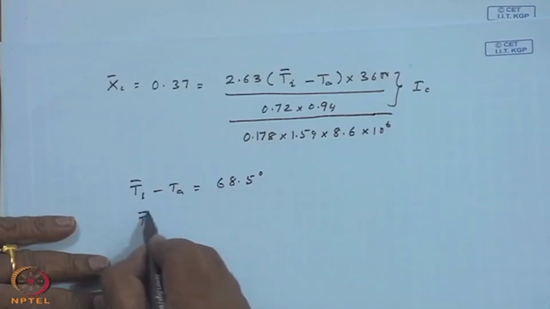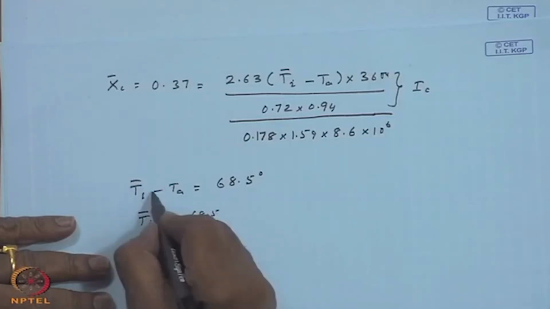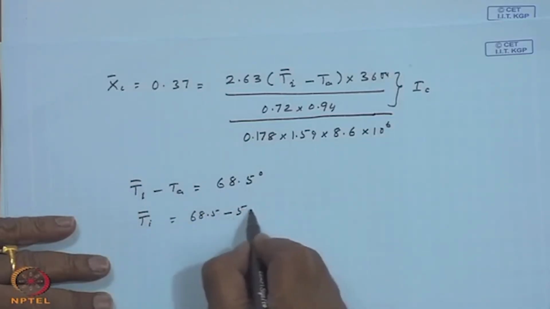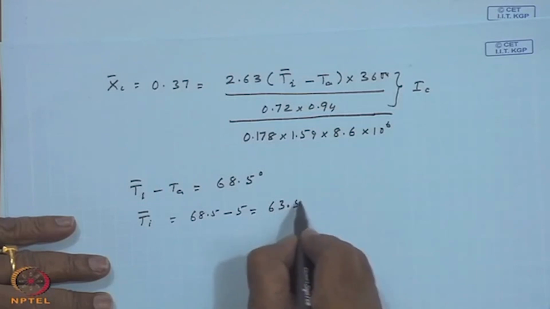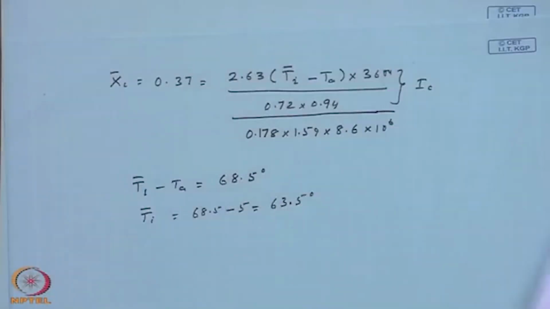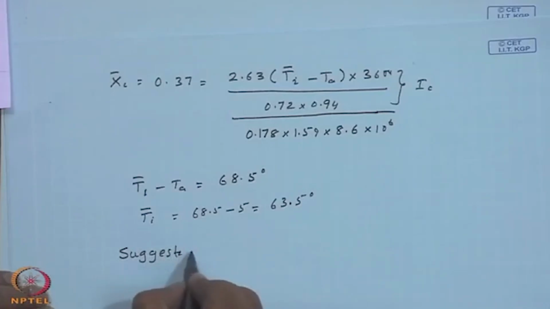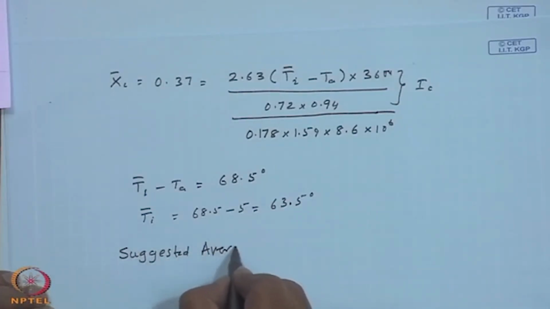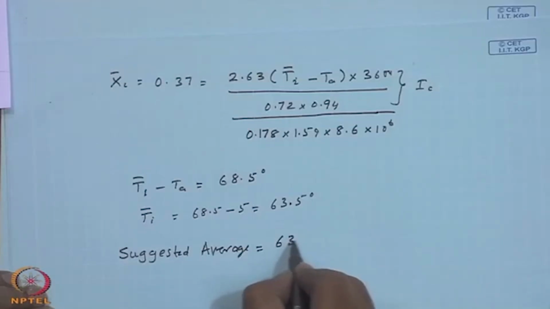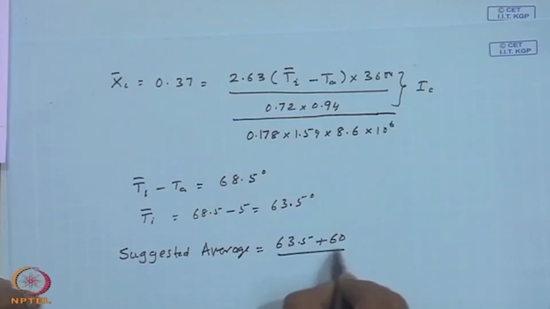So, Ti bar is 68.5. Remember, T a is minus 5. So, it becomes plus 5 over here, and 68.5 minus 5 is 63.5 degrees. So, the suggested average is 63.5 plus 60, where 60 is the minimum.